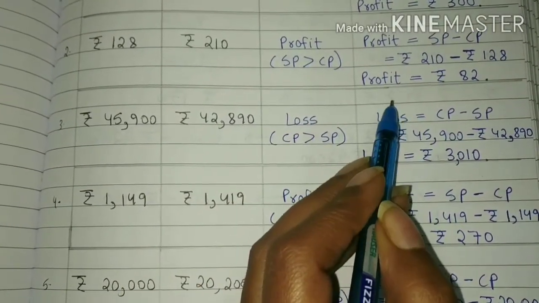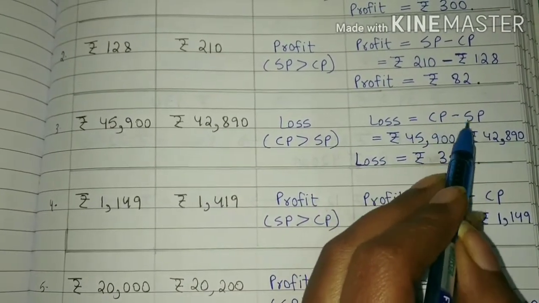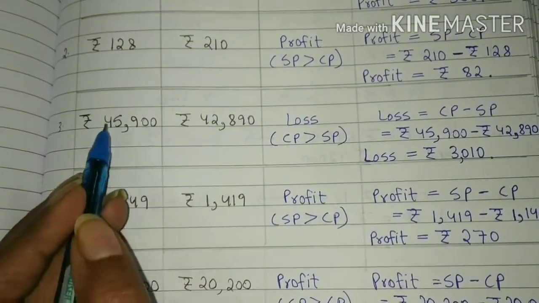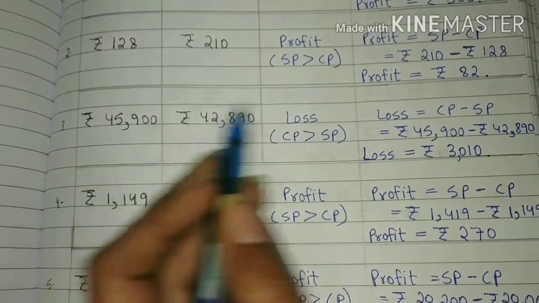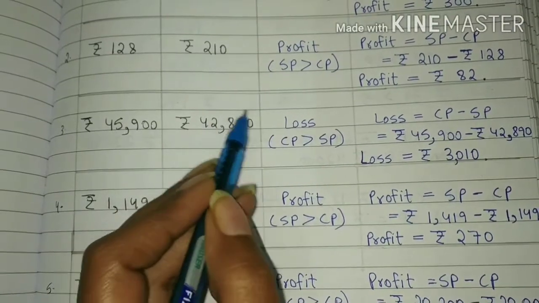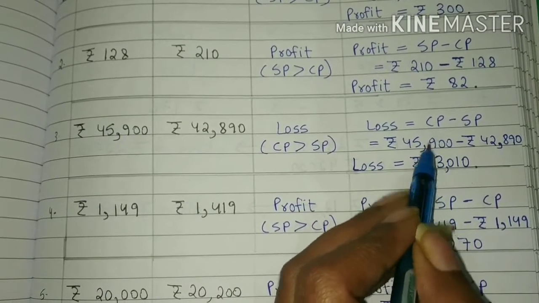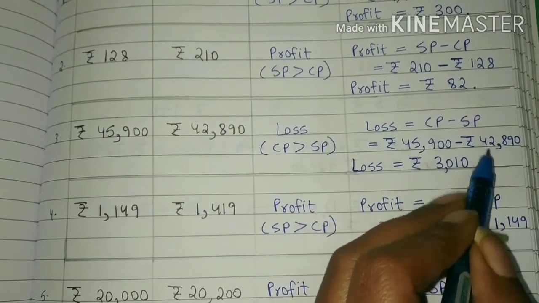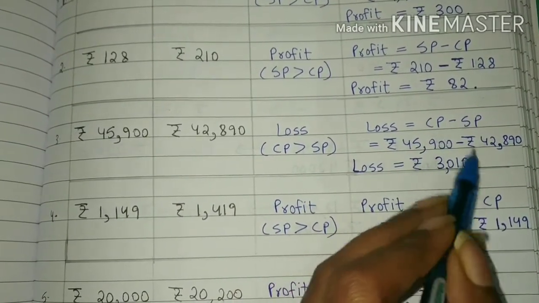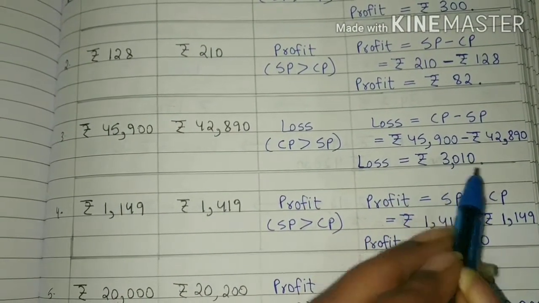And here you will calculate loss amount. Loss is equal to cost price minus selling price. So cost price is rupees 45,900. And selling price is rupees 42,890. So rupees 45,900 minus rupees 42,890 is rupees 3010. So loss is rupees 3010.